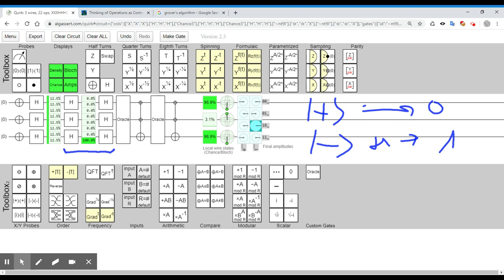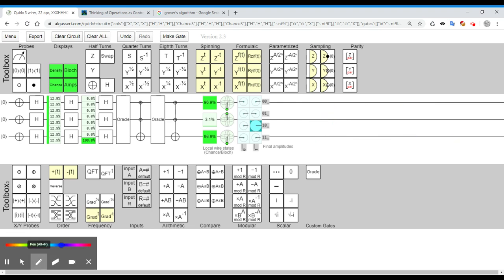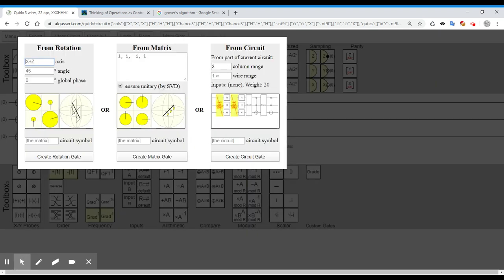Can I make a gate out of this? No, I cannot make a gate out of a display. Can I nest a display? Pity.